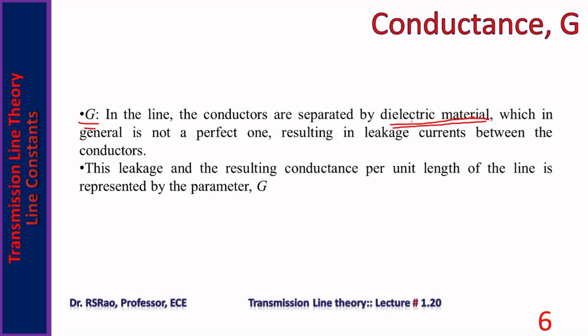It is not 0. So they are actually imperfect dielectrics. As a result of this imperfection, there exists some leakage currents between the conductors. This leakage and resulting conductance per unit length. These leakage currents are modeled by assuming certain amount of conductance between the conductors. That conductance is denoted by parameter G.